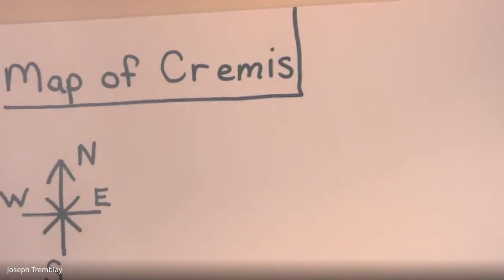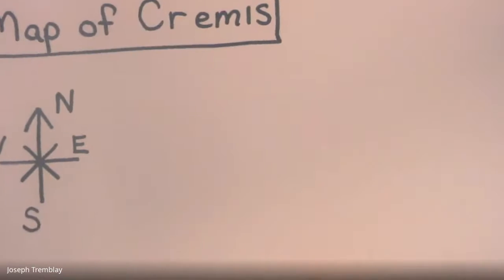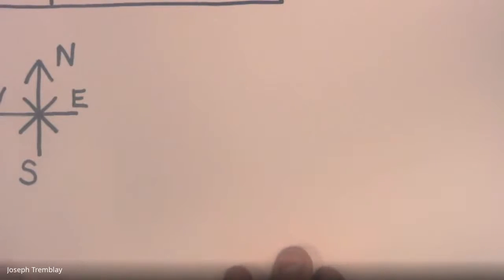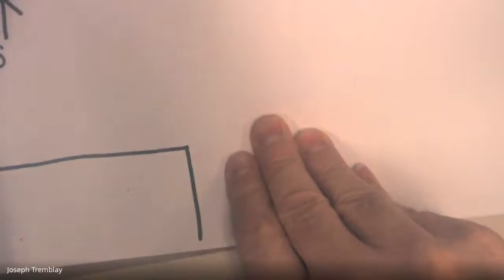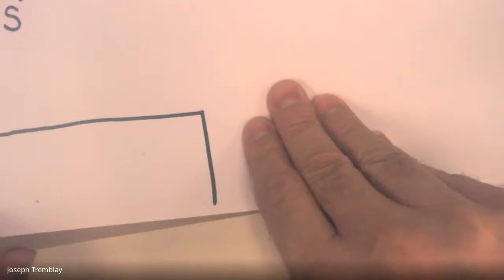All righty. The next thing we need to know would be the key. Now, the key on our map, most of the time, is at the bottom of the page or the bottom of the map. So I'm going to put mine over here at the bottom of the map. Scoot it up a little bit so you can see it. And here's my key.